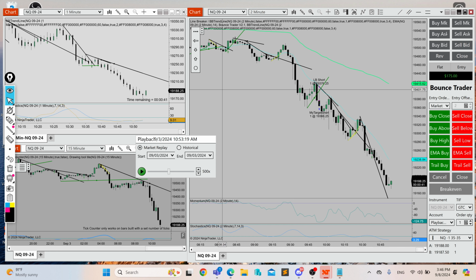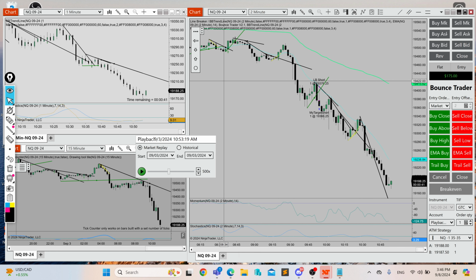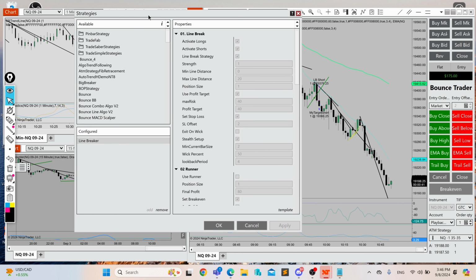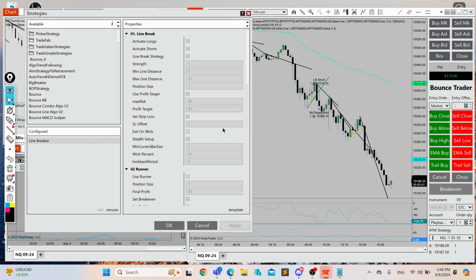So let's finish up with the algo. I could go to the indicator. There are some other settings. Like I said, the stealth setup is very similar to the trend line break, but it has a little bit of nuance to it. So I keep it on.